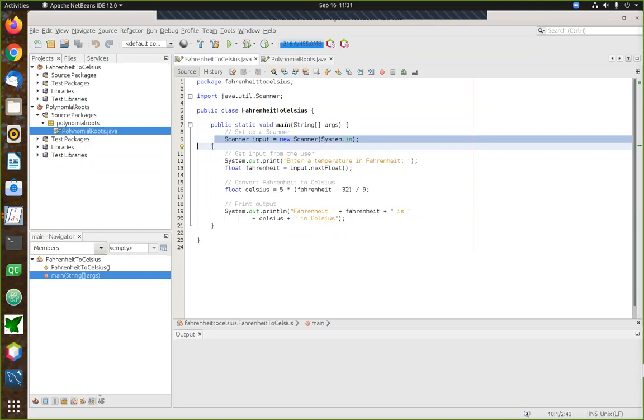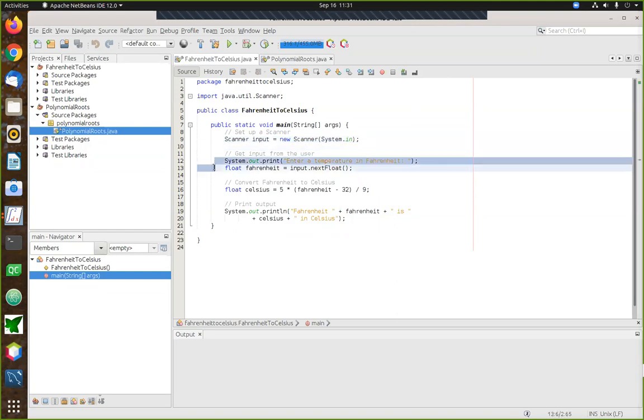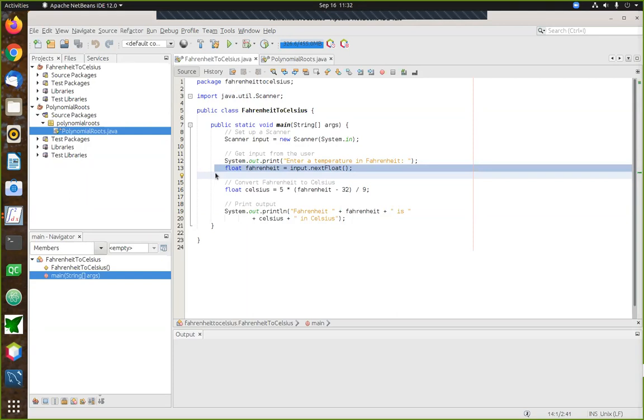And then to get the actual input that the user has provided, we do a couple of things. First of all, we have a print command that prints a prompt that tells the user what they're expected to enter. And then by using a command that makes use of the scanner, we actually tell the scanner to wait for the user to type a number, and then whatever number they type, that's going to get stored into a variable.